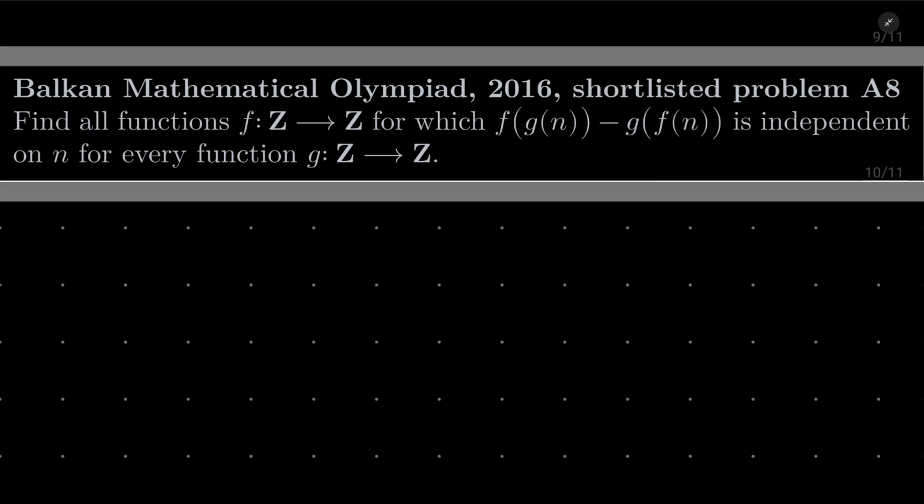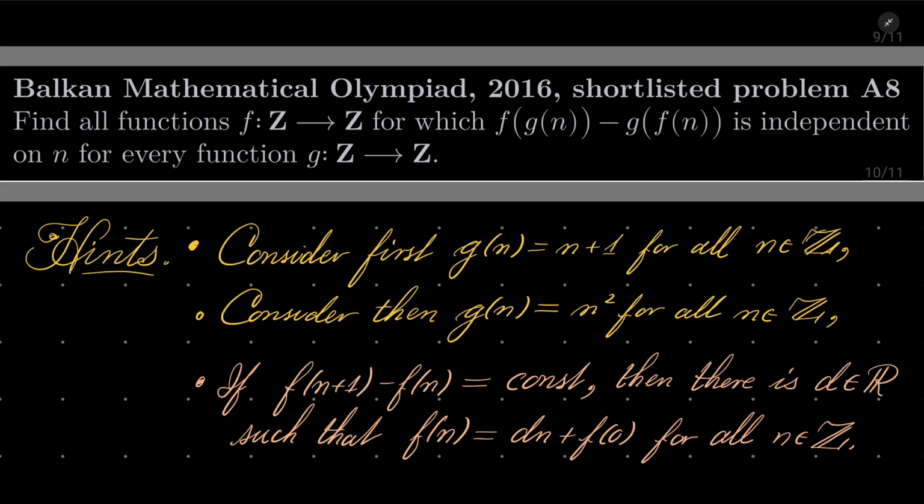Here are my hints. It's all about considering proper functions g. First, consider g of n to be equal n plus 1 for all n, and test for what functions f this expression is independent of n, and then consider a second function g of n which equals n squared, and that should be sufficient to determine function f.